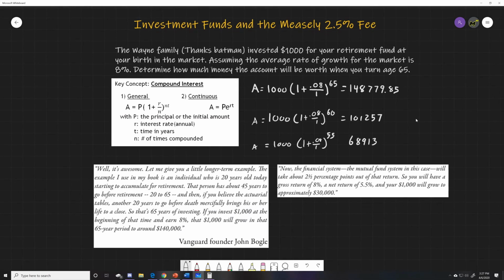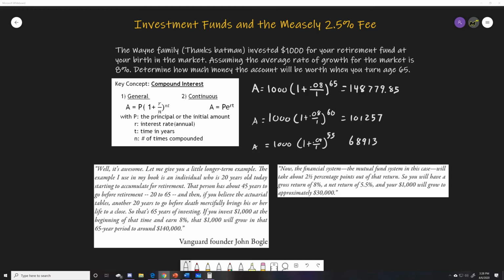And the crazier thing is they're assuming that this is in good times. They're not assuming that it is in bad times. And so if we pull up the market today, let's look at the S&P 500. Well, the average they're saying is 8%.